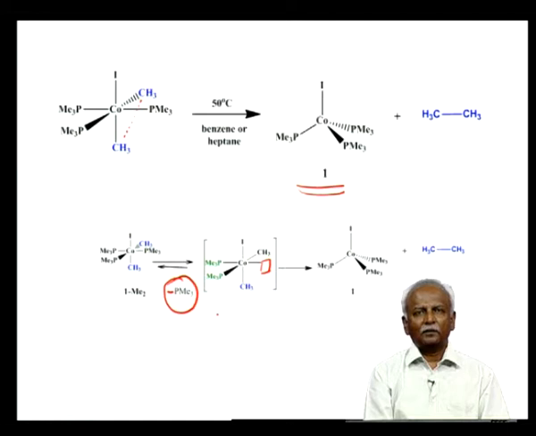If you remember, the reductive elimination involves reduction in the number of ligands coordinated to the metal. Surprisingly, for the reduction in the number of ligands, you need to generate a vacant coordination site.